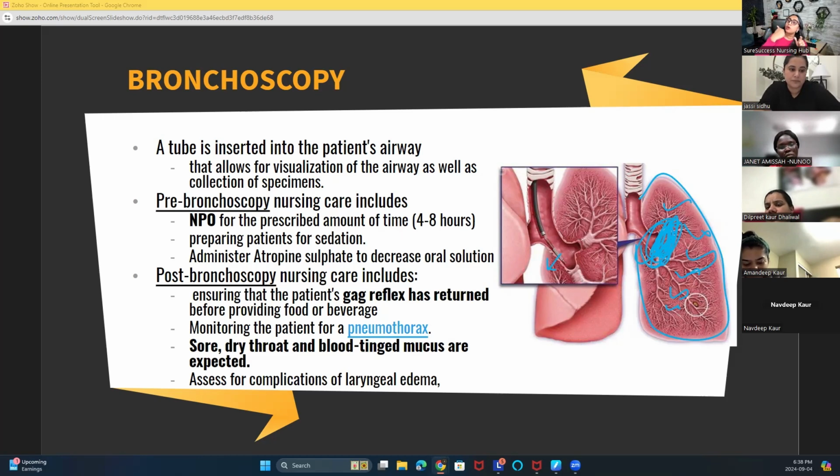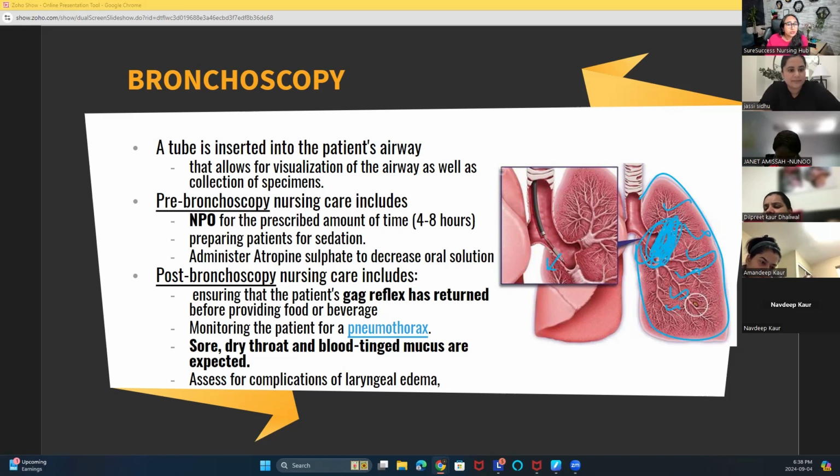And whenever you are inserting, you are touching the larynx also. Sometimes when it is too long and you keep bothering the larynx too much, the larynx gets swollen. Laryngeal edema can happen. So what will be your signs and symptoms?